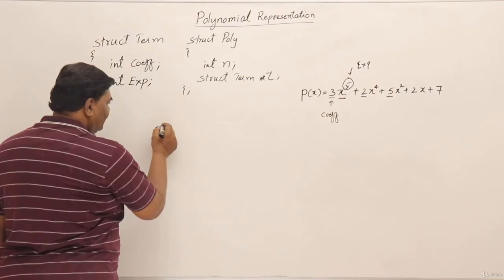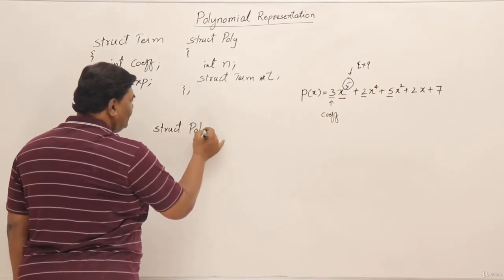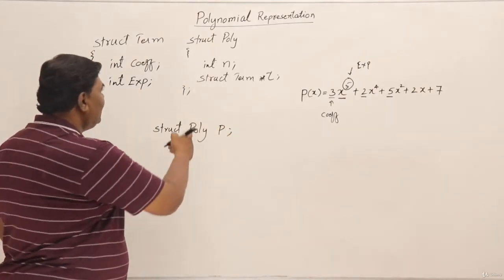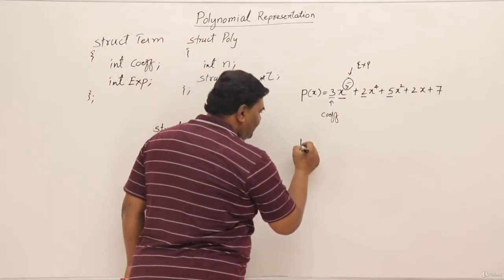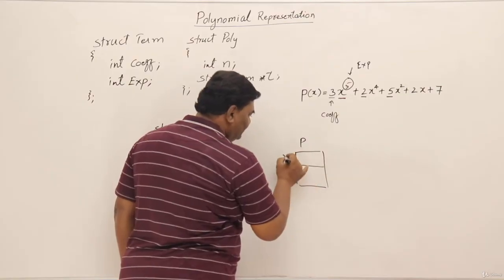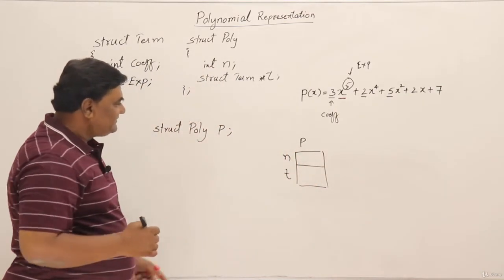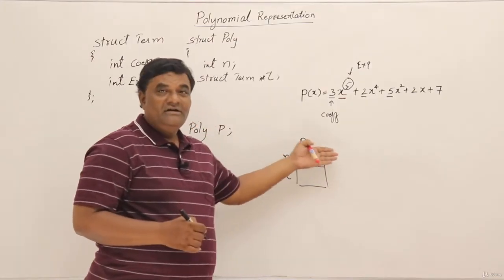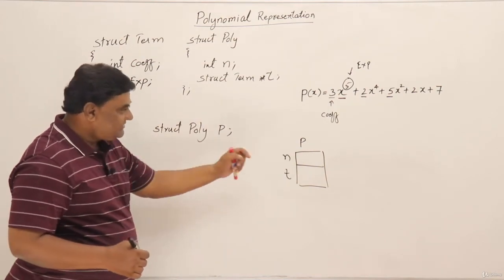So let us say struct poly p. Now this p has 2 members, n and terms. One is n and the second one is pointer t. This is for the number of non-zero elements, and this is a pointer for the collection of terms or array of terms.